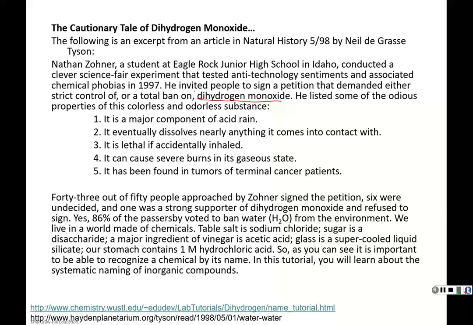But just because you call it this scientific name, people actually signed this, and 86% of people voted to ban water. That's really just because of that name. If they would have called it water, no one would probably have signed that, right?